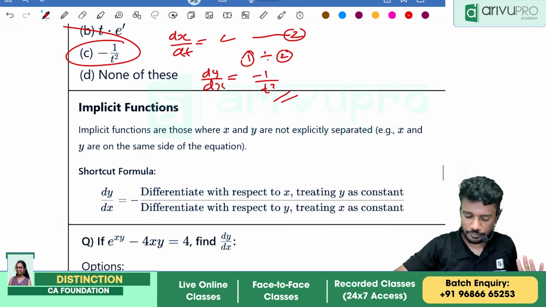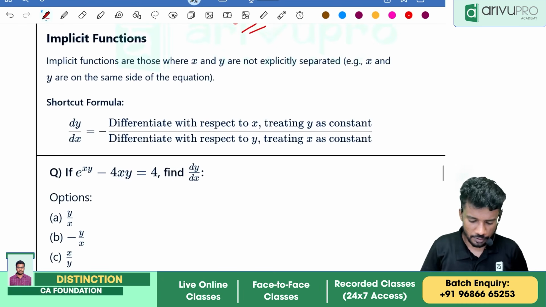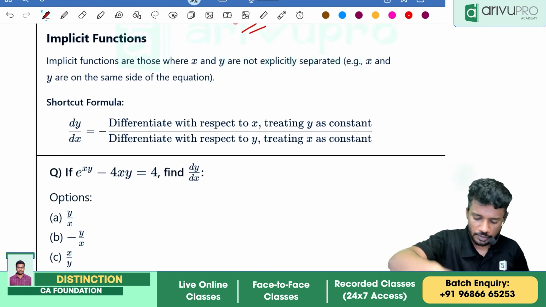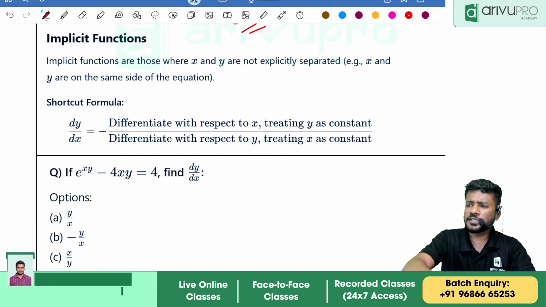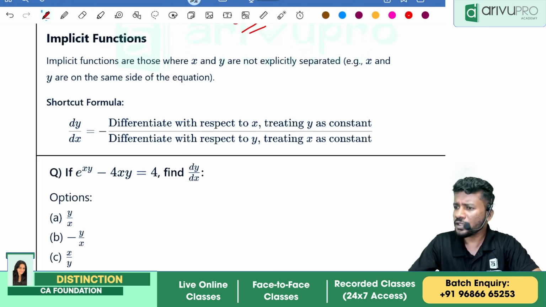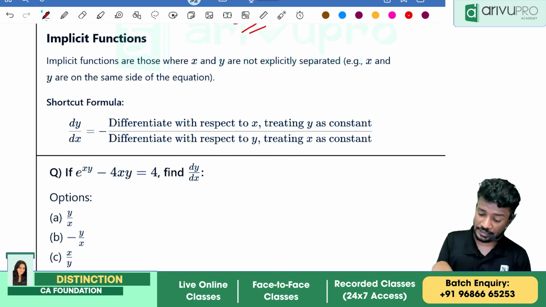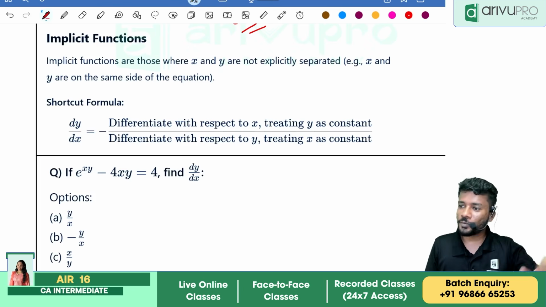Now we are going to implicit function. Have you heard about implicit function? In certain questions, if you ask me, is it necessary to study this? The answer is no. You can use your normal method and find it.